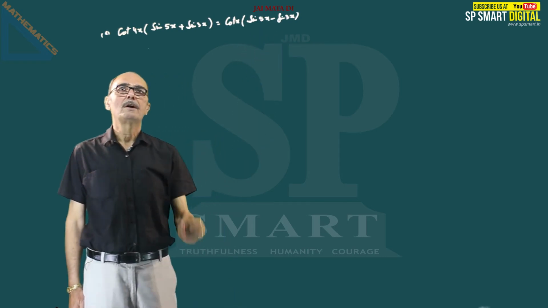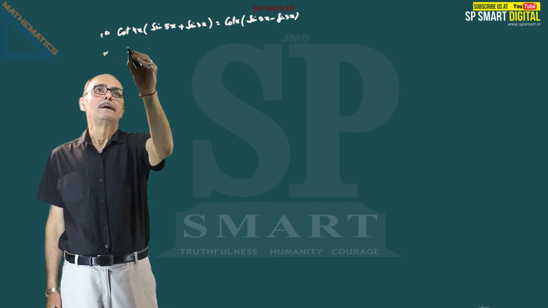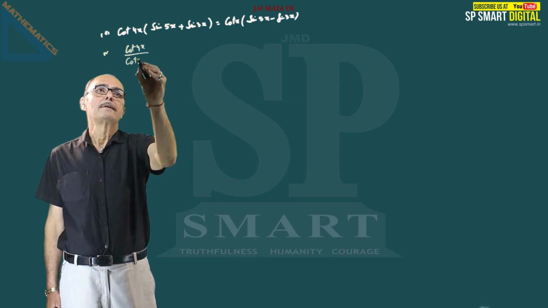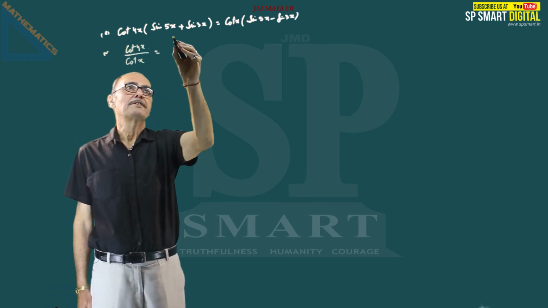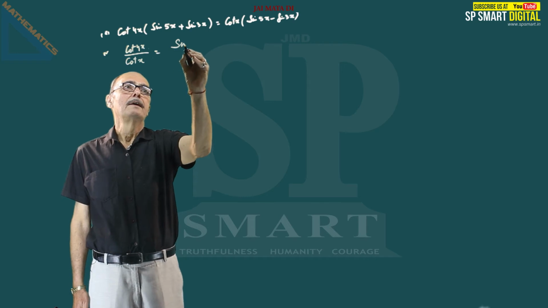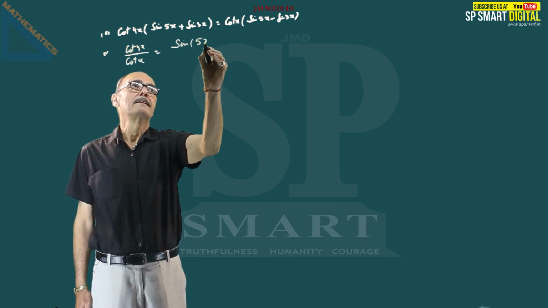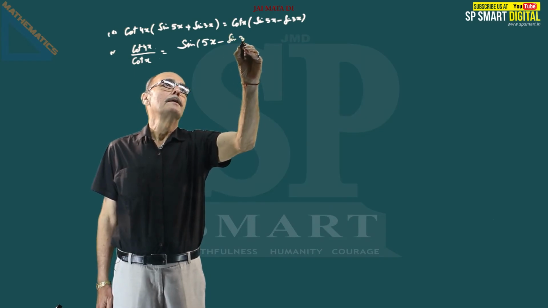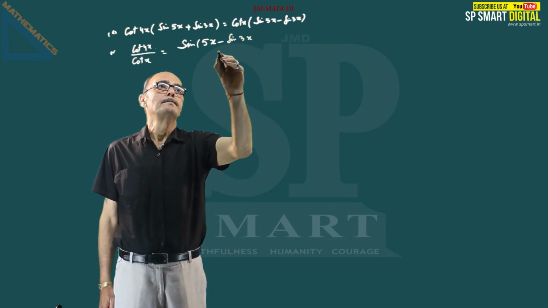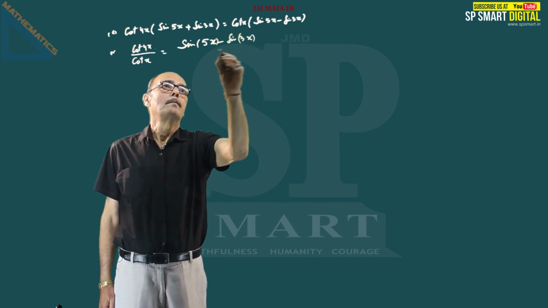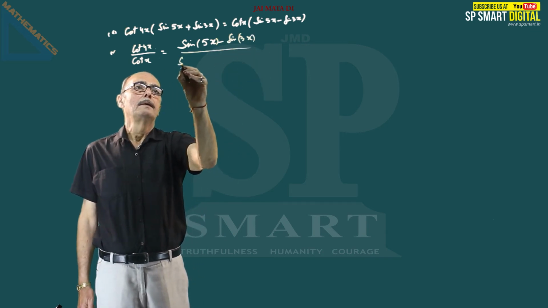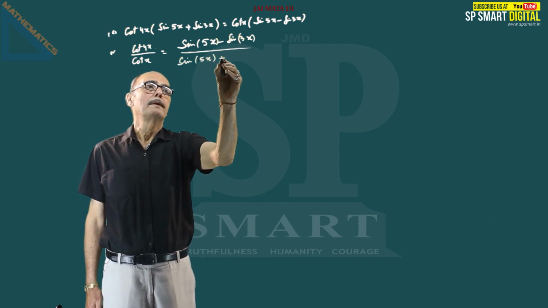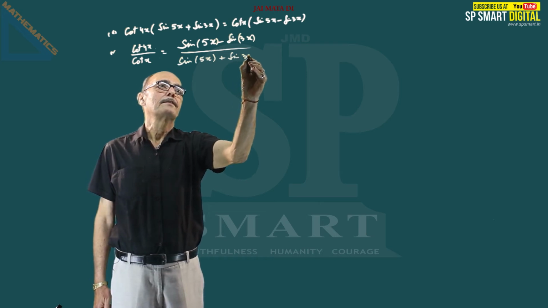Collect the terms of cot of 4x upon cot of x, and take the sin terms on the right hand side, sin of 5x minus sin of 3x upon sin of 5x plus sin of 3x.